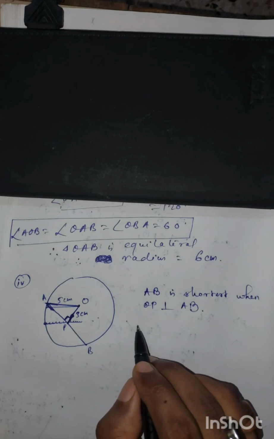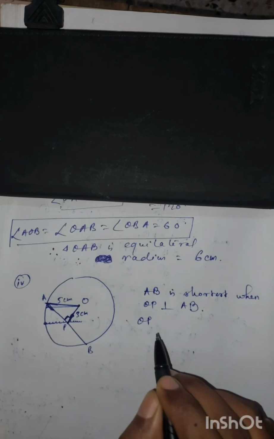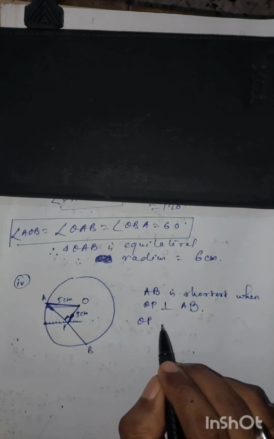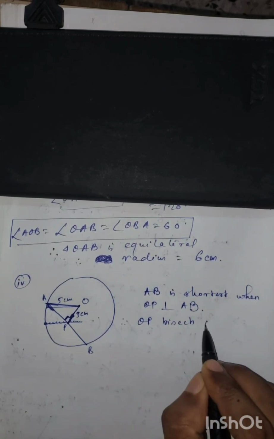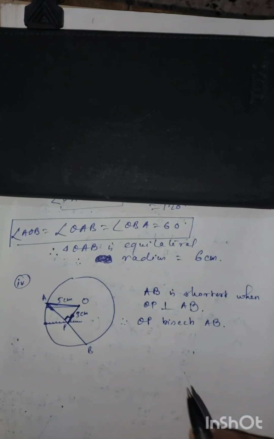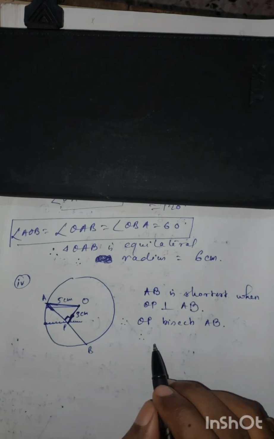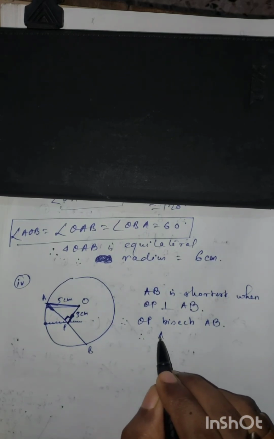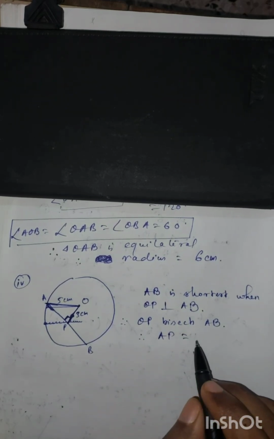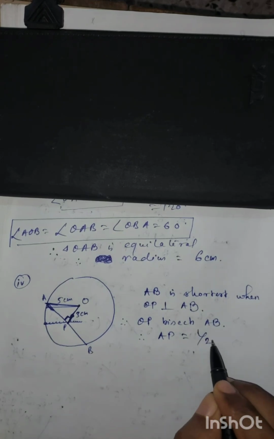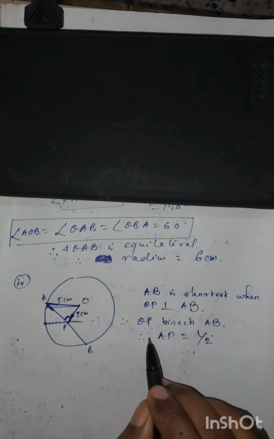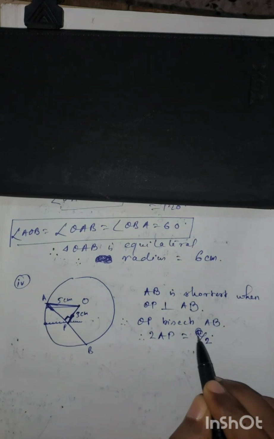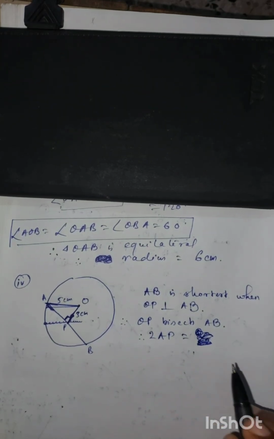Now OP is perpendicular to AB, therefore OP bisects AB. Therefore AP is equal to half of AB, or we can say 2AP is equal to AB.